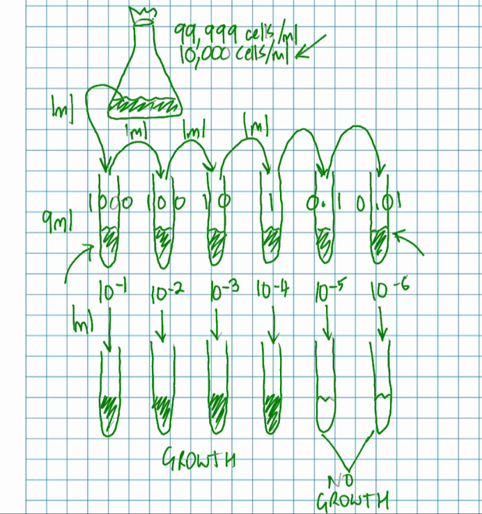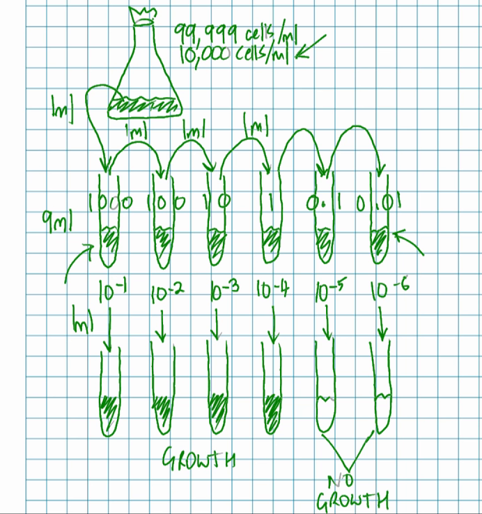If we had 100,000 cells per ml, then in our 10 to the 5th dilution, we'd have 1 cell per ml. When we took that out, we would get growth in the 10 to the minus 5 inoculating tube. And so it's got to be less than 100,000, but more than 10,000.